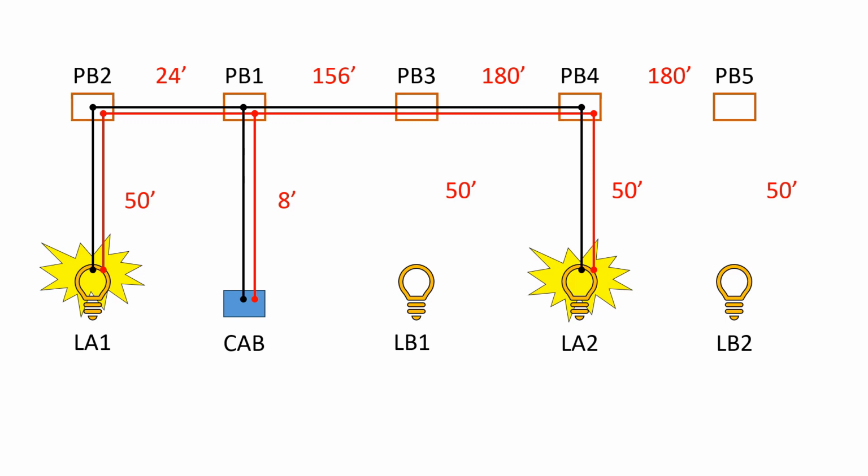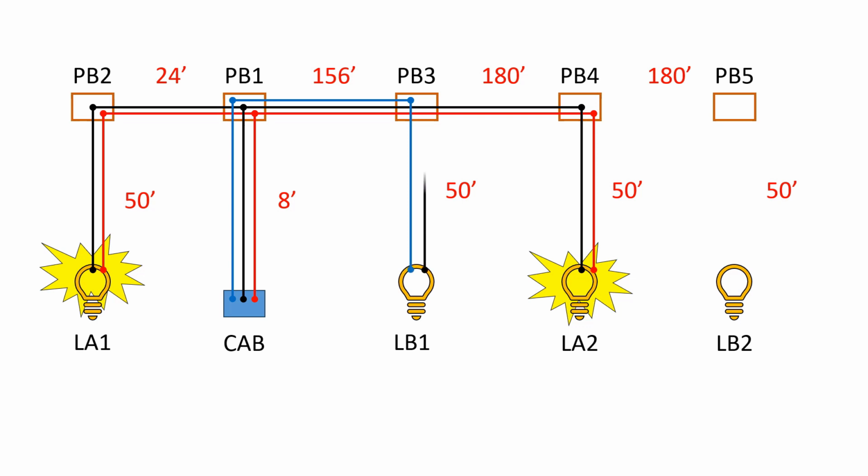Now let's start working on the B circuit, starting out with light LB1. We need to run a hot B wire from the cabinet to PB1 and continue to LB1. We are going to represent the hot B wires in blue.